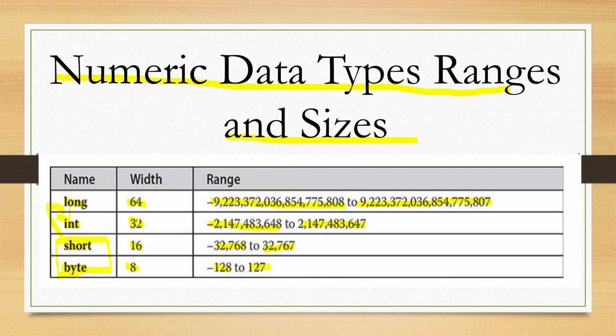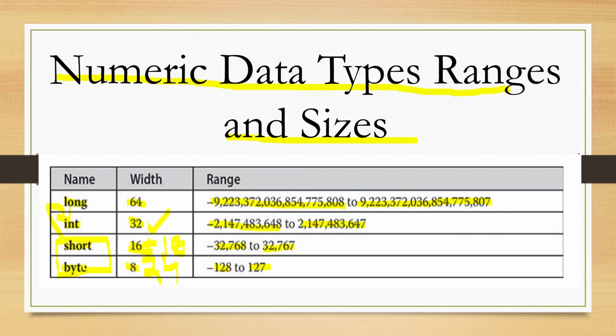So the 32-bit memory is anyway occupied. This 16 has another 16 added, and in this 8 another 24 is added to make it 32, and then the expression is evaluated.